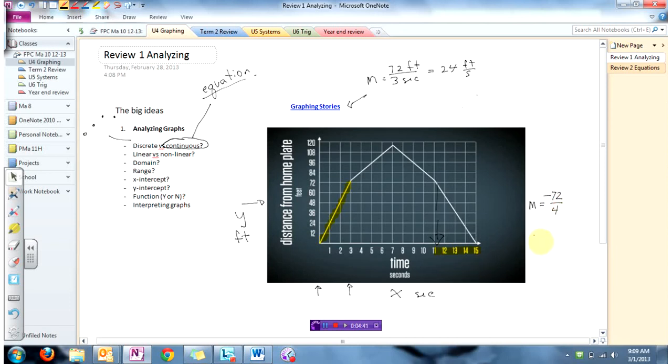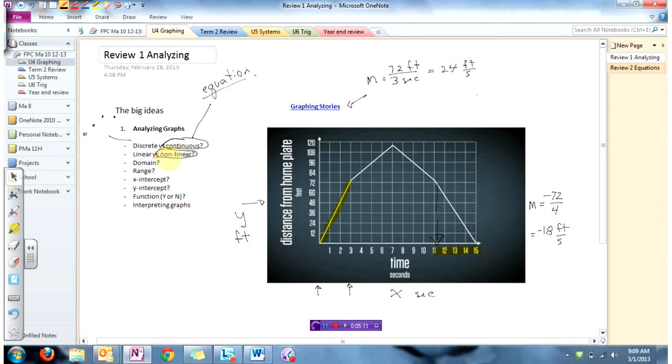If we divide those, we get negative 18, and remember the units are feet per second. And so that's how you can tell if it's a linear function or not. Now, I've used this example to show that this graph is 4 different lines. Each, I can tell, has a different slope. So therefore, technically, overall, because this graph doesn't have one line with one slope, we're going to say that this is a nonlinear function.